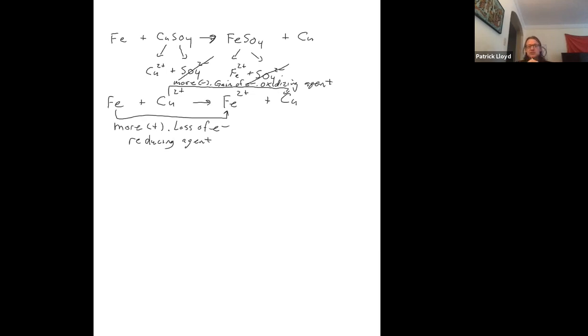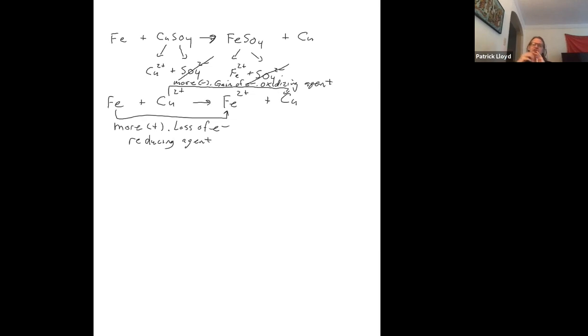A neutral atom has electrons. So if something is positively charged, there's a chance it will take the electrons from the element that's neutral. The copper 2, Cu plus 2, is taking 2 electrons from the iron. When the iron loses those 2 electrons, it becomes iron plus 2. And now the copper plus 2 is copper.